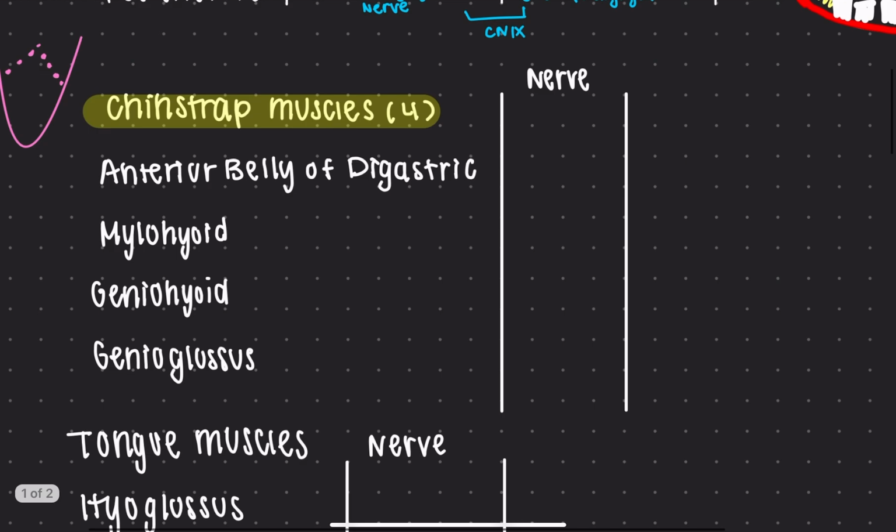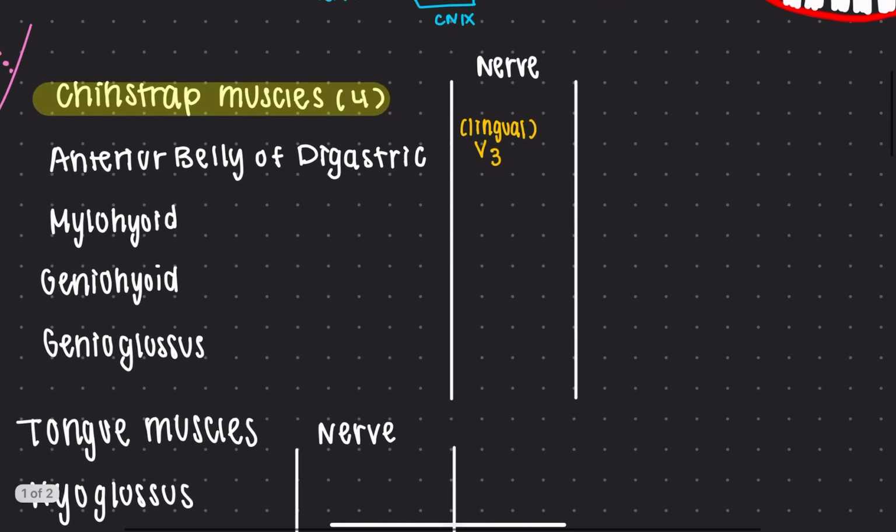So first we have the anterior belly of the digastric, and this one is innervated by cranial nerve 5, branch 3. If you remember that, that's the lingual branch that goes down and does this, and it depresses the mandible.